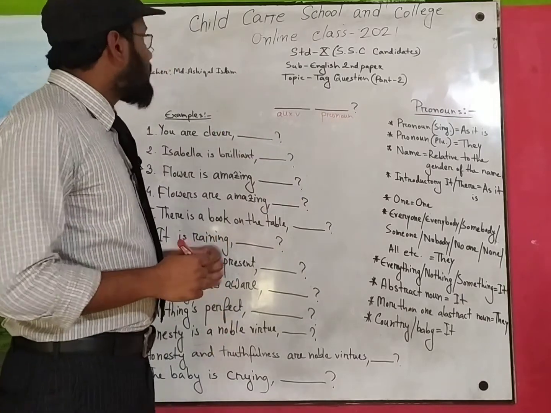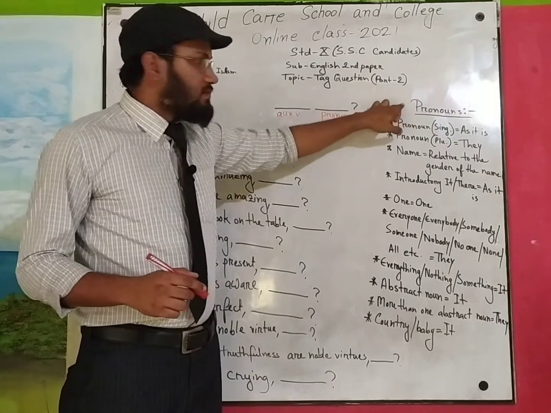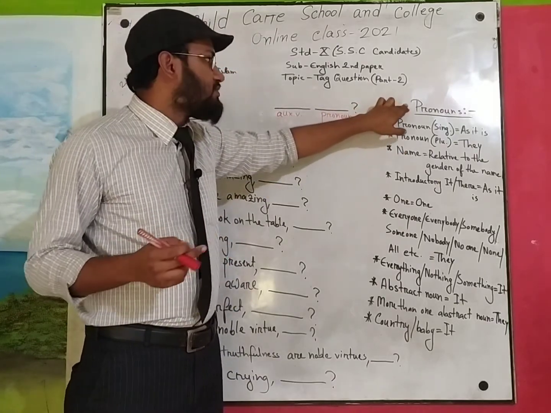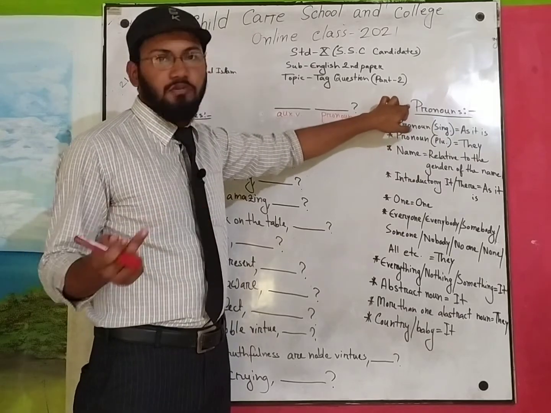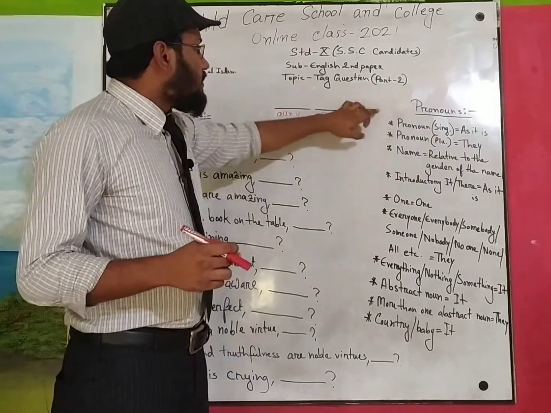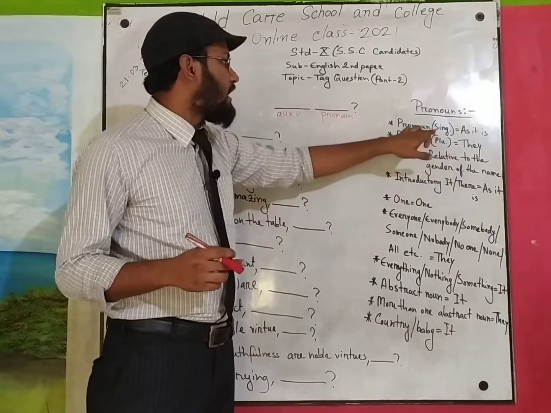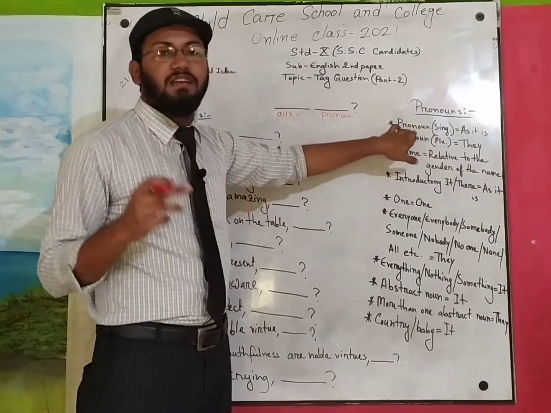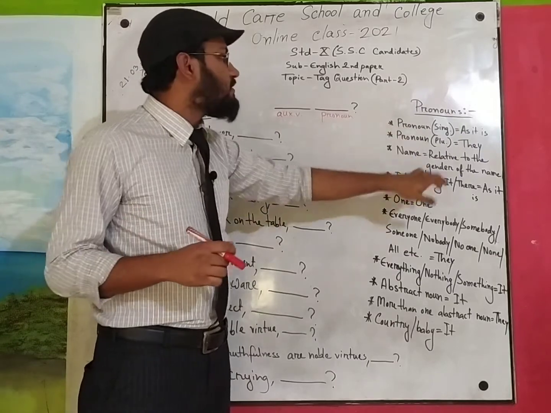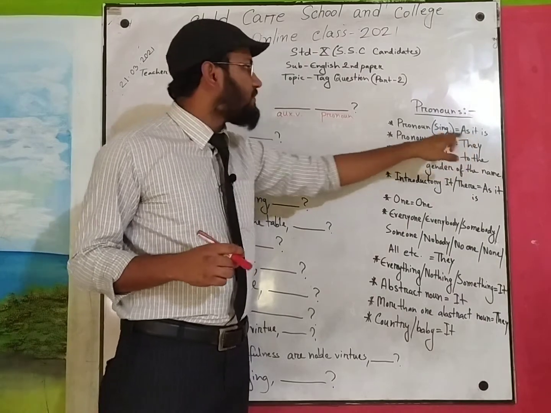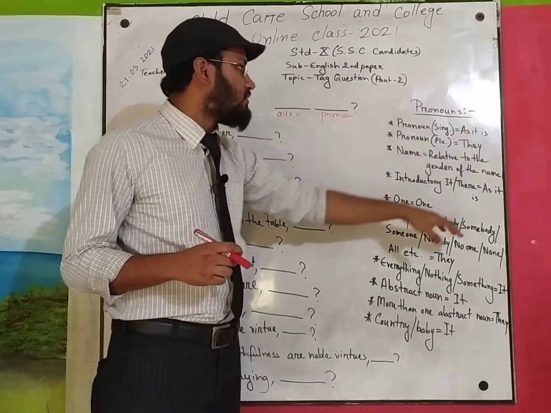Okay, so let's look at the pronouns first. There are plenty of rules that you should keep in mind while thinking about pronouns. If you find that the subject is actually the pronoun itself and it is in a singular form, the pronoun for our tag question will be as it is. If it's singular, it will also be singular.